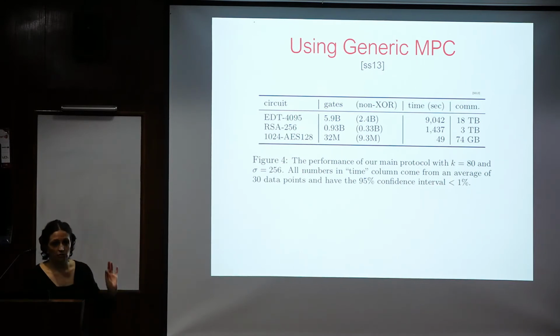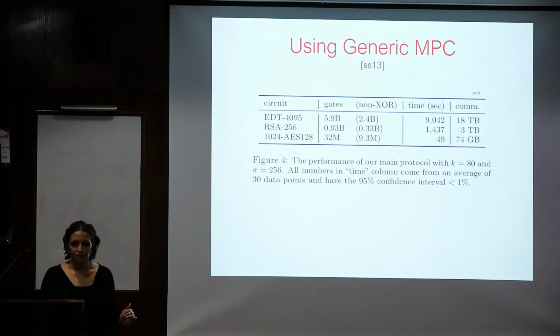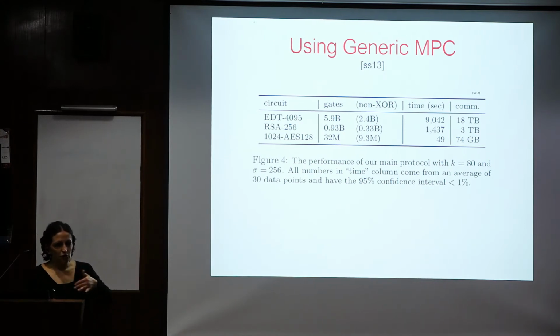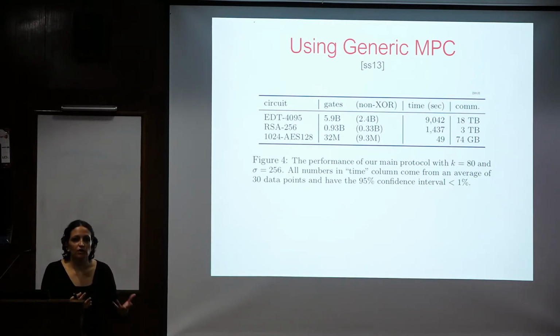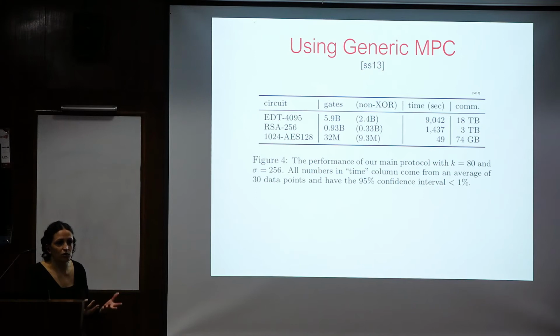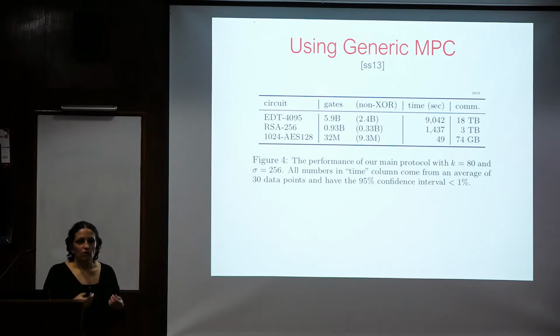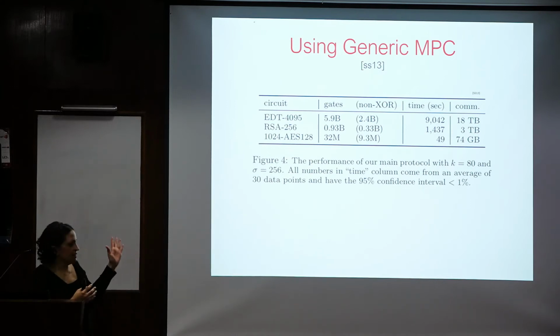It's huge for much simpler tasks than what we are looking at. So I'm just following you through the process of our thought when we tried to understand how to design a protocol for this task. Using generic protocols as is, as you can see, wasn't really useful.